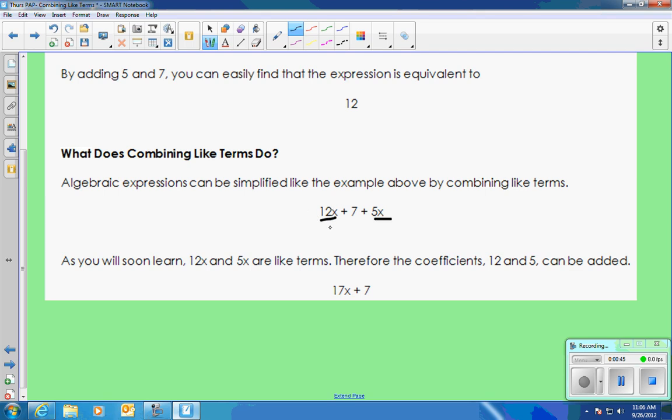So whenever we're going to combine like terms, we're looking at two numbers that have the same variable combination on them. So we have 12 x's and we have 5 x's. Together, that makes 17 x's. And then this is what we call the constant term, and that one doesn't have anything to combine with, so it just goes at the end.